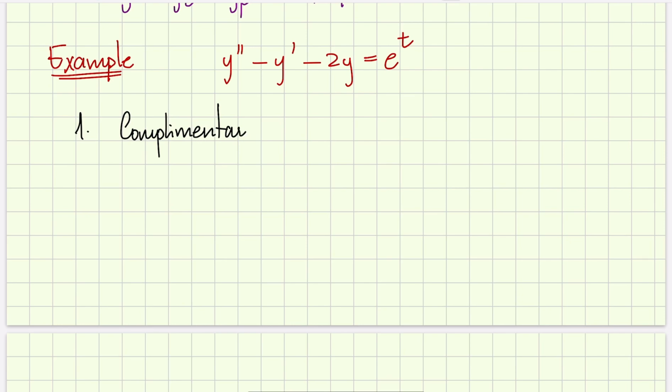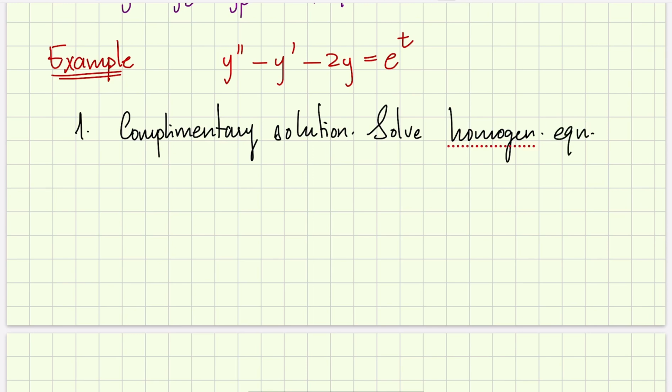Now suppose you have y double prime minus y prime minus 2y is equal to e to the power t. As I said, the first step is to find the complementary solution, which we find by solving the corresponding homogeneous equation, which in our case is y double prime minus y prime minus 2y is equal to 0.